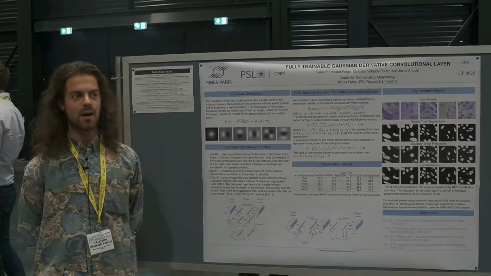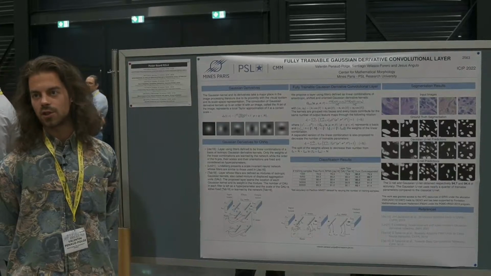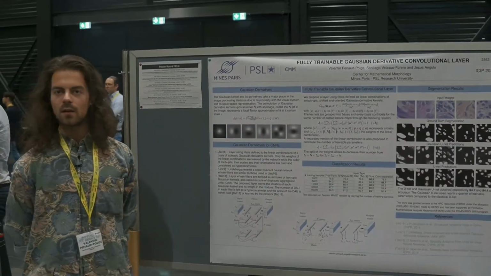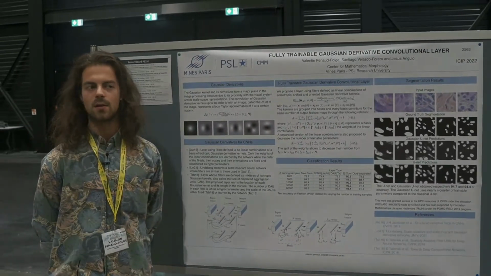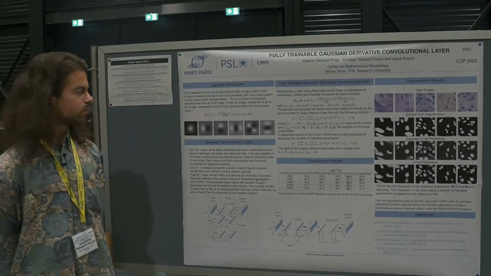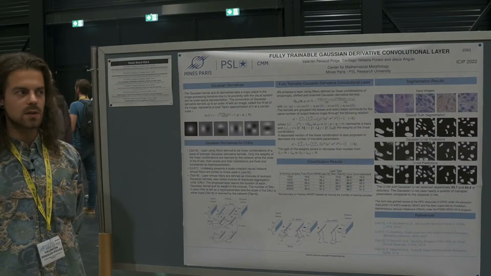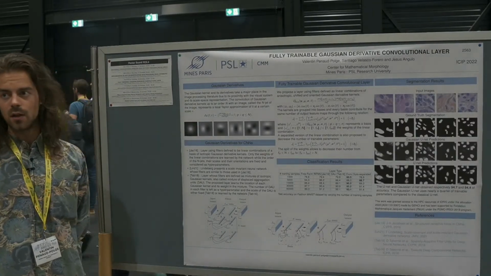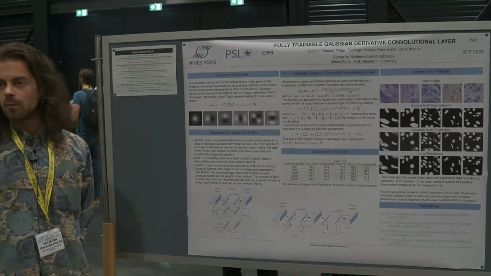I'm going to present you my work about a fully learnable Gaussian derivative convolutional layer. The main idea of this work is that instead of using a table of parameters as a filter for my convolutional layer, we propose to use a more parametric form. And what we propose is to use a linear combination of Gaussian derivative filters which are transformed.